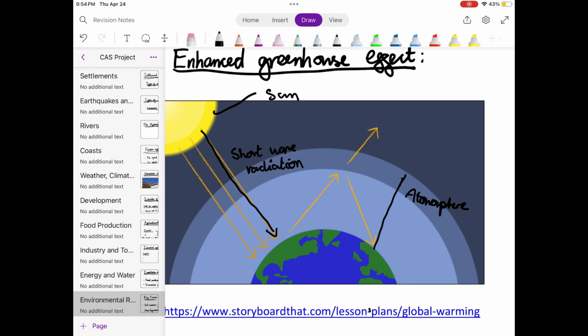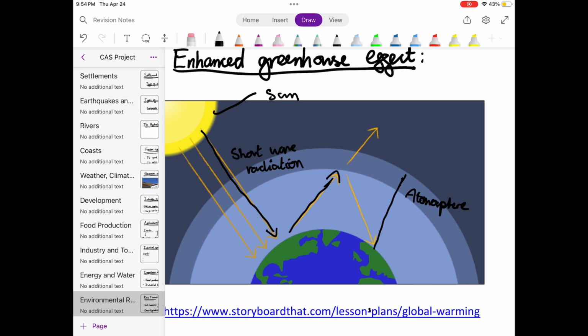And usually this would reflect off the ground and into the atmosphere. But because there's a thick atmosphere here caused by the release of greenhouse gases like methane, carbon dioxide, water vapor, etc., the long wave radiation that gets released from the Earth's surface actually gets trapped within the atmosphere.